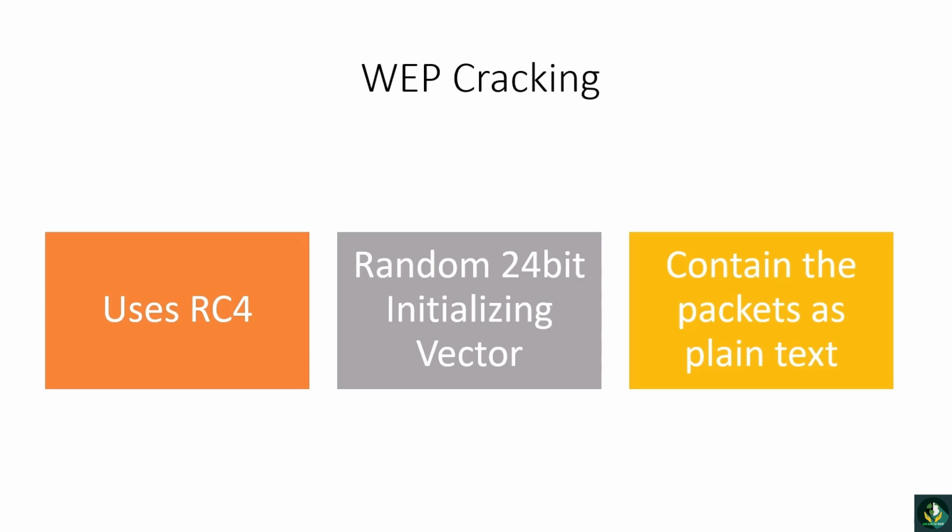Our main goal when we try to crack WEP is to collect as many IVs as we can, because once we have a large number of them, we are more likely able to determine the key stream and the WEP key for the targeted network.